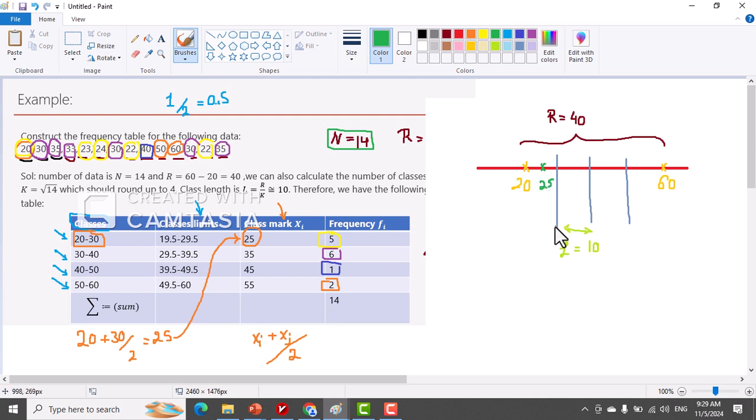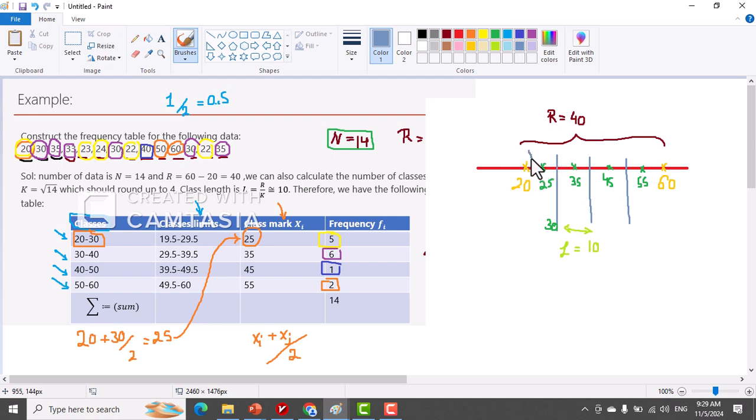The point that we split at is 30, so the next midpoint will be 35. The next class mark is 45, and the last one is 55. So these class marks present the data.